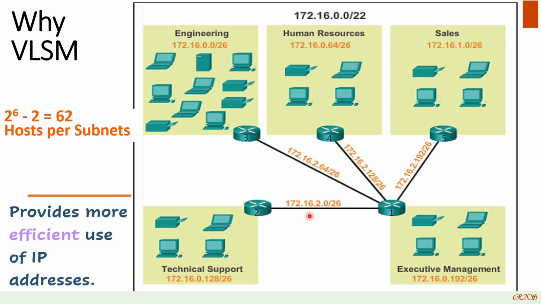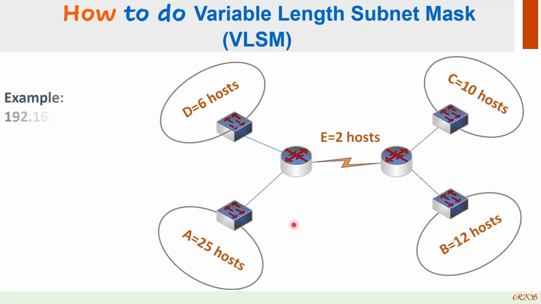VLSM gives us the opportunity to overcome this issue. It lets us design IP addresses more efficiently, so that we can reduce the wastage of IP addresses. Now let's see how we can actually do VLSM, Variable Length Subnet Masking.